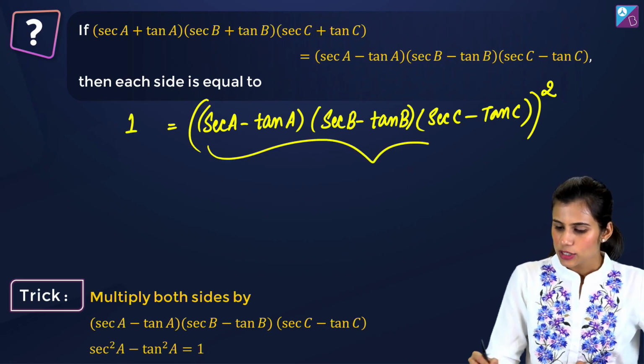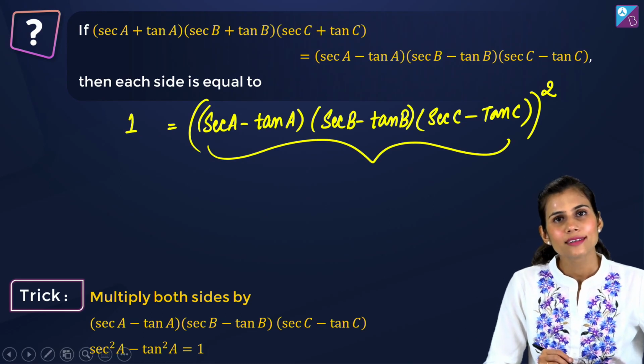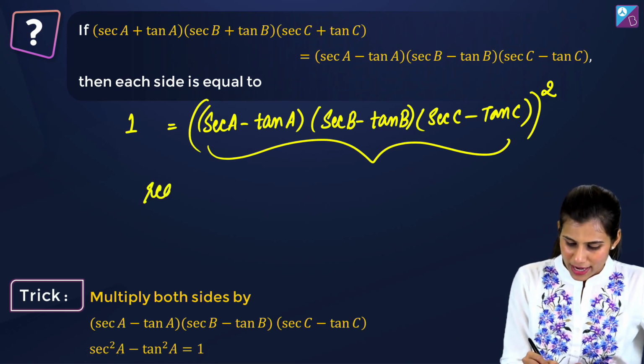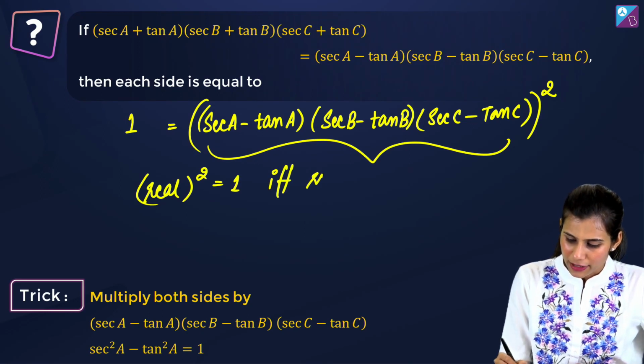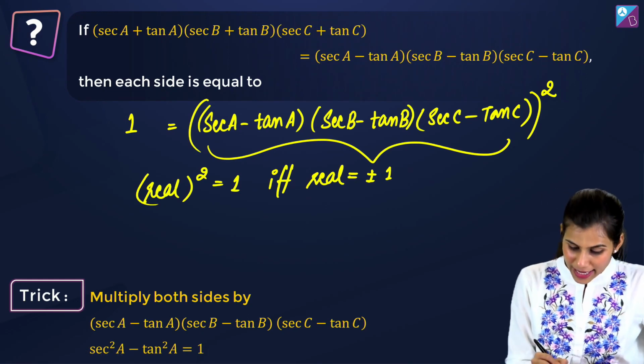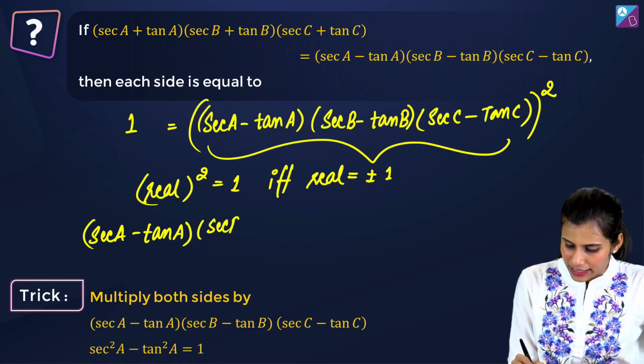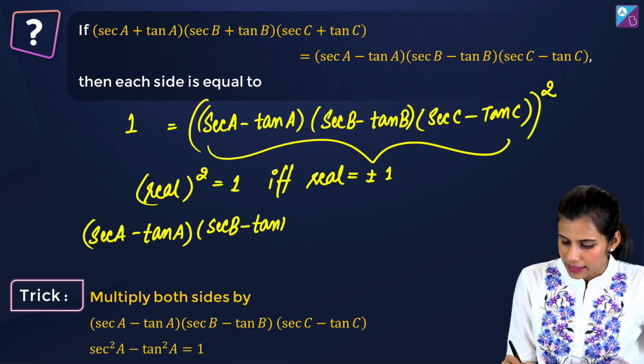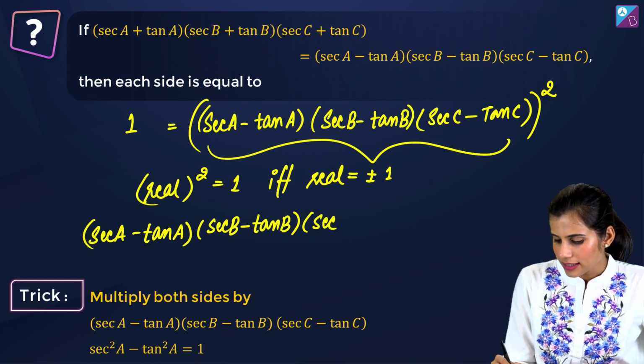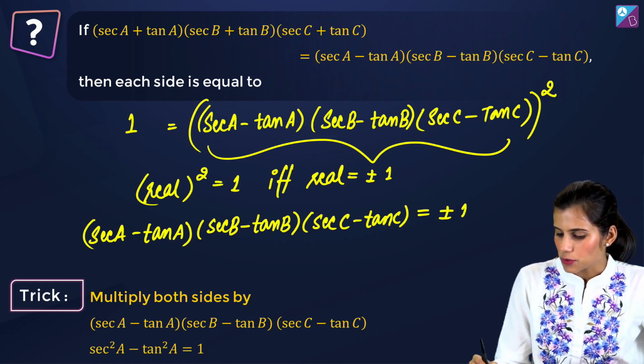Right hand side is square of some real quantity. Square of some real quantity is 1 if and only if that real number is either plus 1 or minus 1. That means sec A minus tan A into sec B minus tan B into sec C minus tan C will be either plus 1 or minus 1.